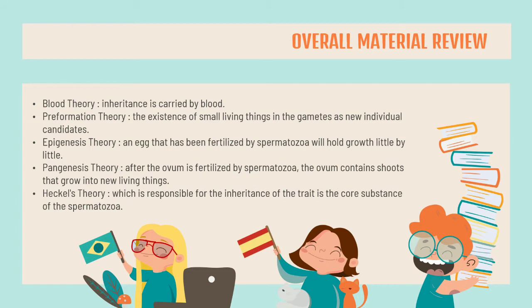Pangenesis theory: after the ovum is fertilized by spermatozoa, the ovum contains shoots that grow into new living things. Haeckel's theory: what is responsible for the inheritance of the trait is the core substance of the spermatozoa.